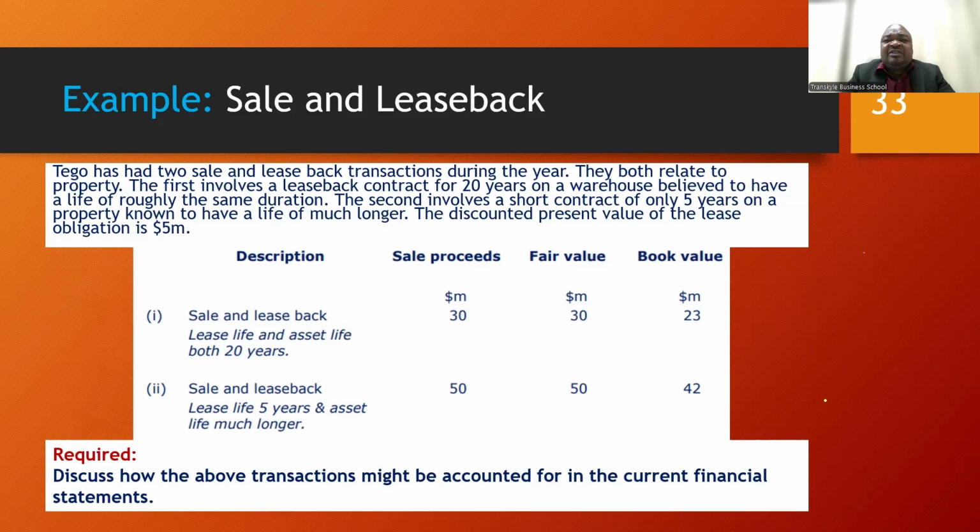The discounted present value of the lease obligation is 5 million. Actually, in either case, the present value of the lease obligation is 5 million.